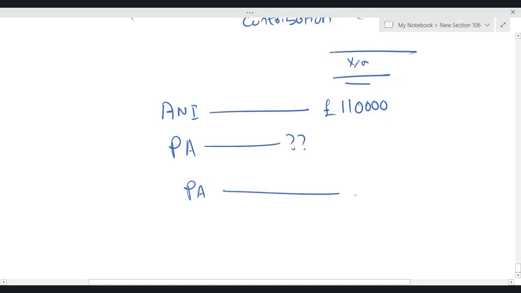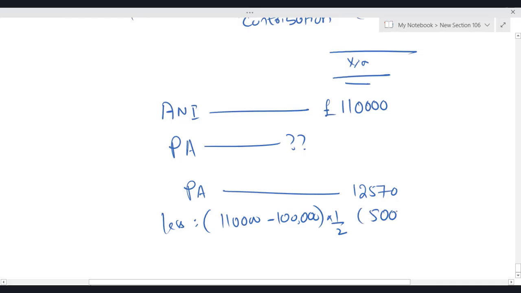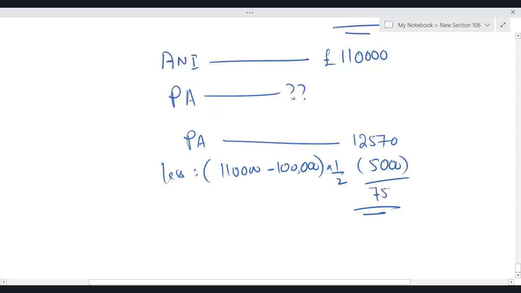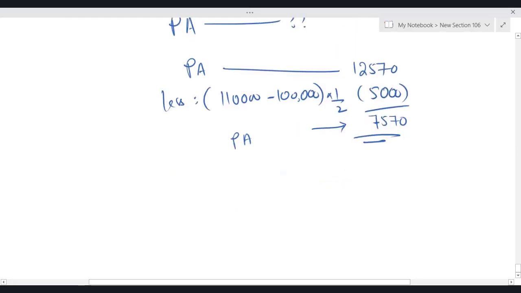The limit of the personal allowance is 12,570 less adjusted net income, which is 110,000 minus 100,000, which is fixed for the formula, into 50% or 1/2. We'll get 5,000. So this individual will not get the personal allowance of 12,570. This individual is going to get less than that. I'm getting 7,570.